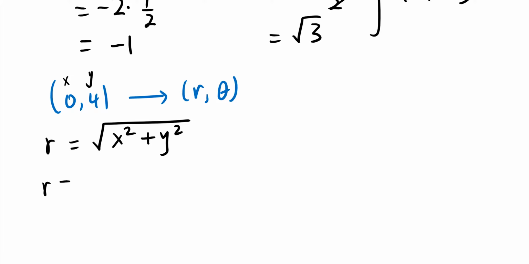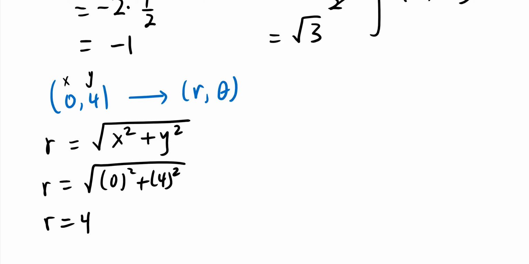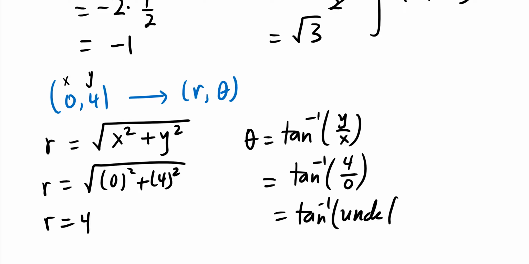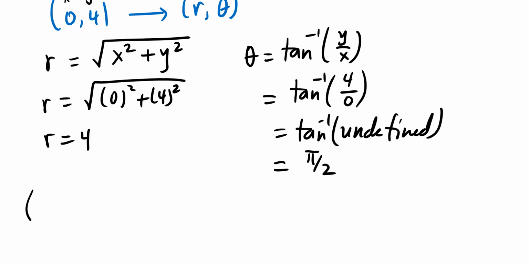So r equals the square root of 0 squared plus 4 squared, which is 16, and that turns out to be 4. And theta is tan inverse of y over x, tan inverse of 4 over 0, so tan inverse of undefined. Tangent undefined is pi over 2, which is 90 degrees. So 0, 4 becomes 4 comma pi over 2.